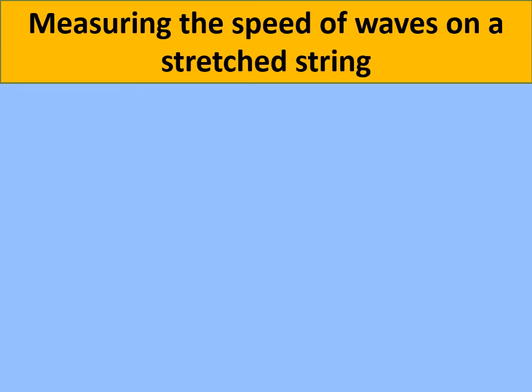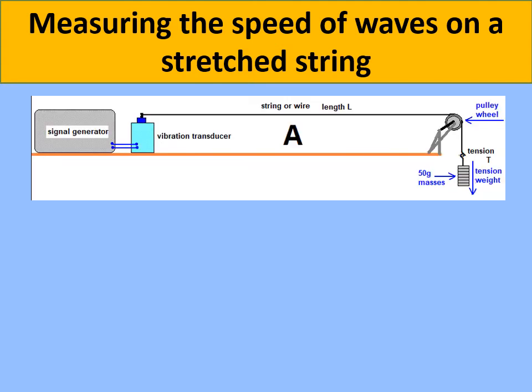The final experiment that you need to know about is measuring the speed of waves on a stretched string. To do this, you obviously need a very taut string, or tightly pulled string, and a piece of kit called a vibration transducer. A vibration transducer will convert an electrical signal from a signal generator into vibrations.